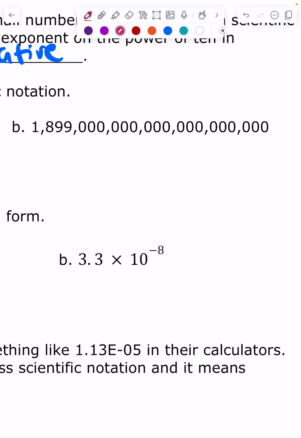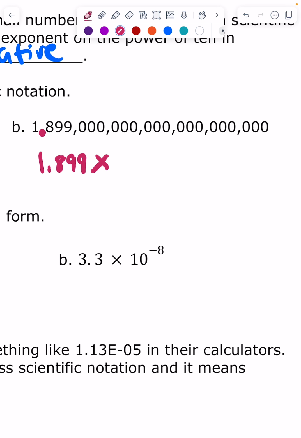This is millions, billions, trillions. I don't know what comes after trillions. So anyway, it's a very large number, and I would put the decimal between the 1 and the 8 to make it between 1 and 10. So it would be 1.899, and this is a very large number, so it's going to be a positive exponent.